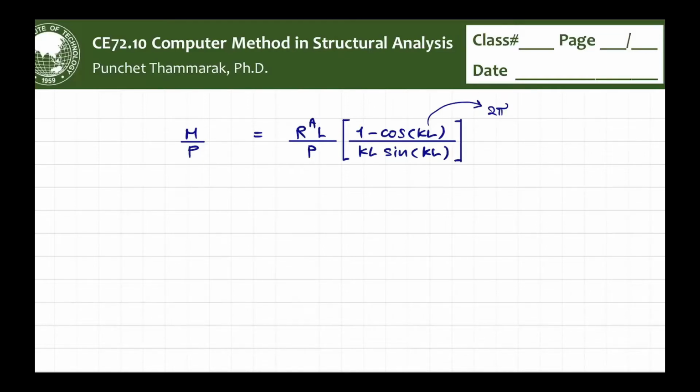One minus cosine of 2 pi. 0. Zero on both. So you need to apply L'Hopital's rule, right? Because you had 0 over 0.